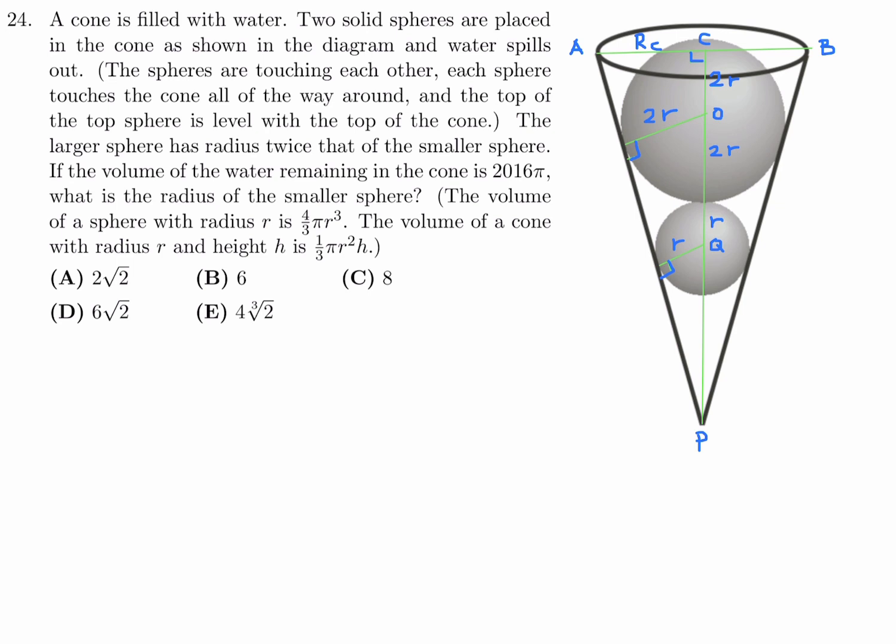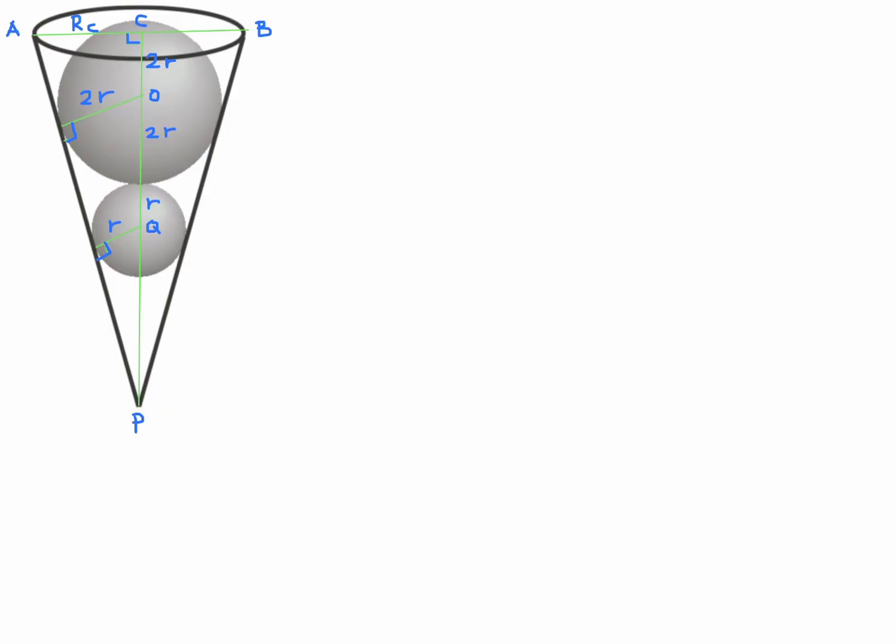The first step in this question is to understand that we have a similar triangles relationship. Those similar triangles are triangle OTP being similar to triangle QUP. This is T and this is U. So OTP is this triangle right here, and that's similar to QUP.